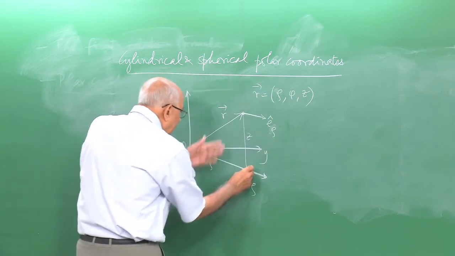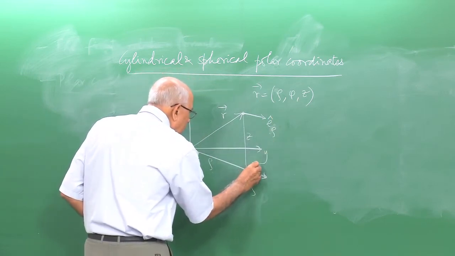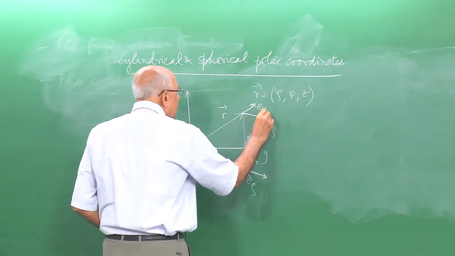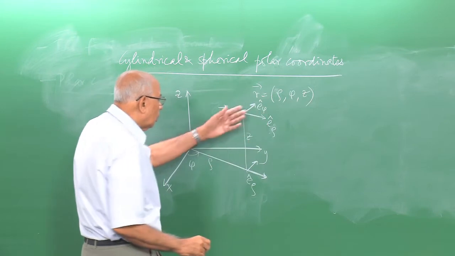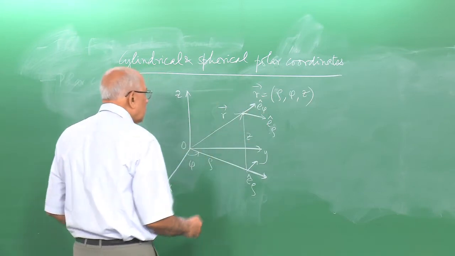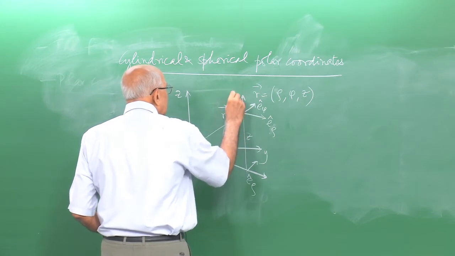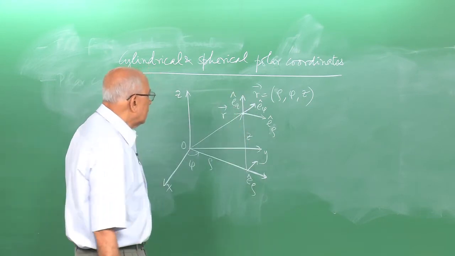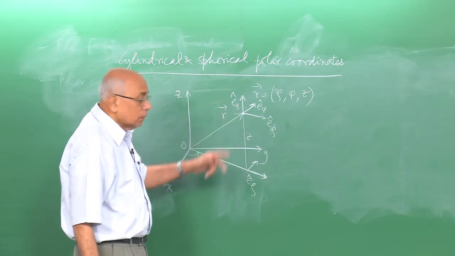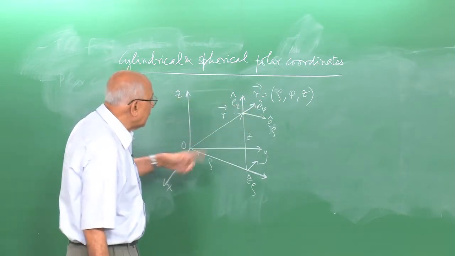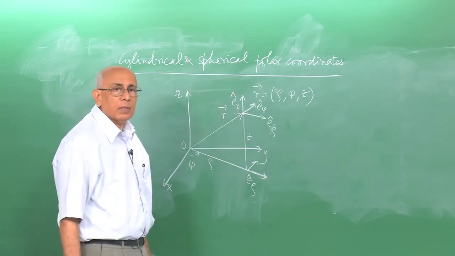And remember that phi increases, so this thing goes in, that's e phi, so there's an e phi going into the board if this point is on the plane of the blackboard. And the third is of course the original Ez in this form. So the unit vector triad now depends on where you are, because E rho and E phi are phi dependent, and Ez of course is a constant vector.